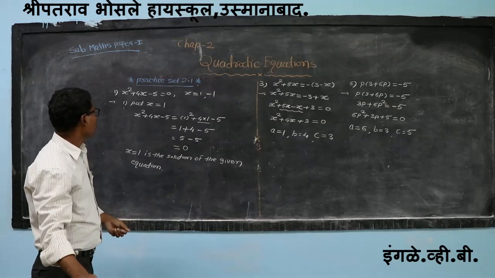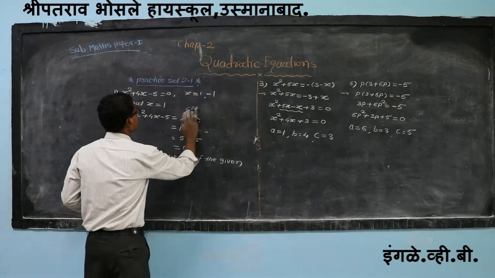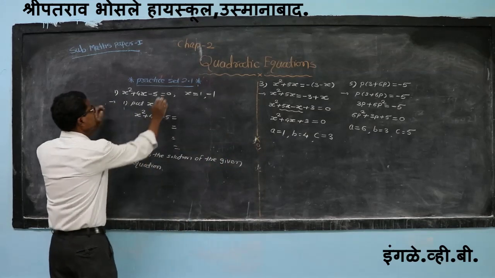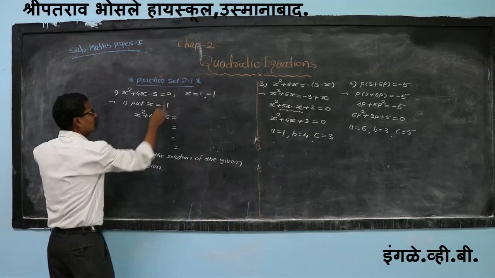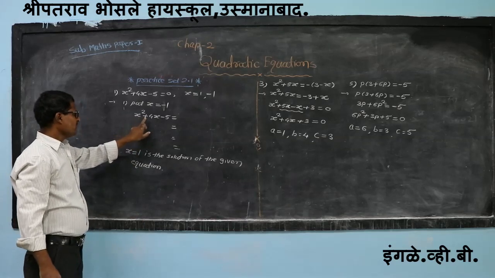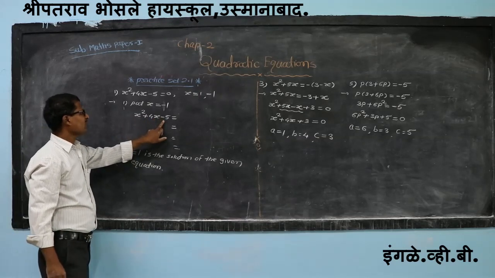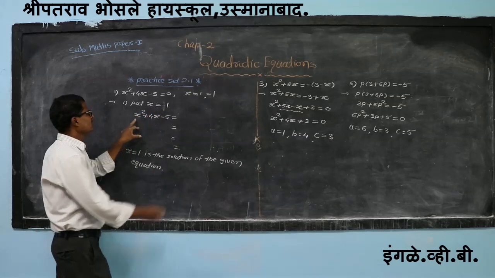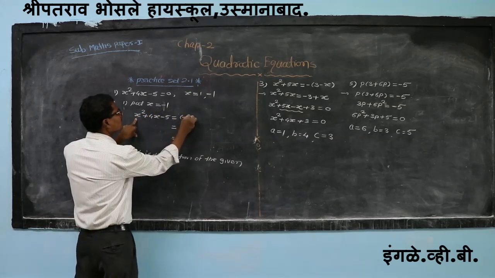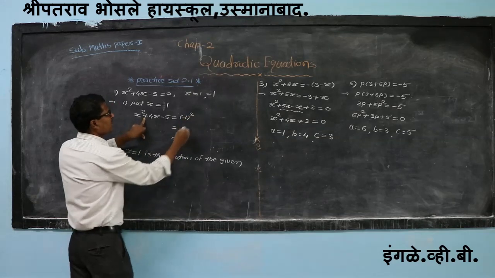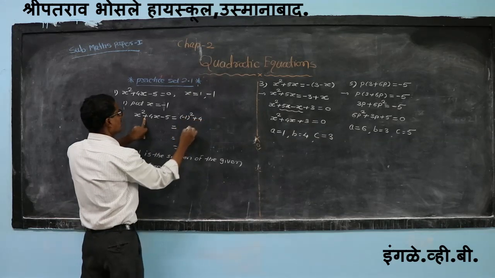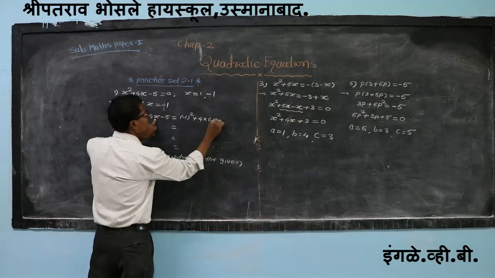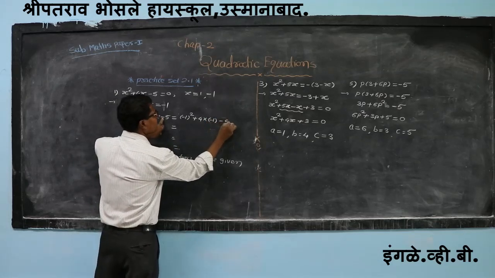Now we have to put the value of the variable x, x is equal to minus 1. x square plus 4x minus 5 is equal to, put the value of x is equal to minus 1. Minus 1 square plus 4 into the value of x, minus 1, minus 5.